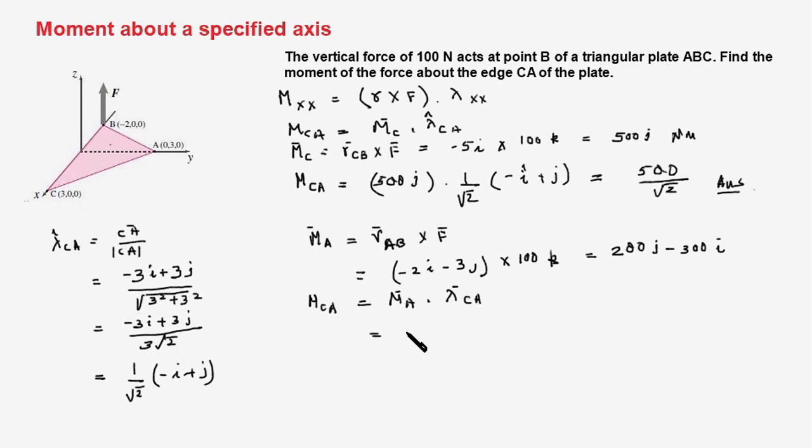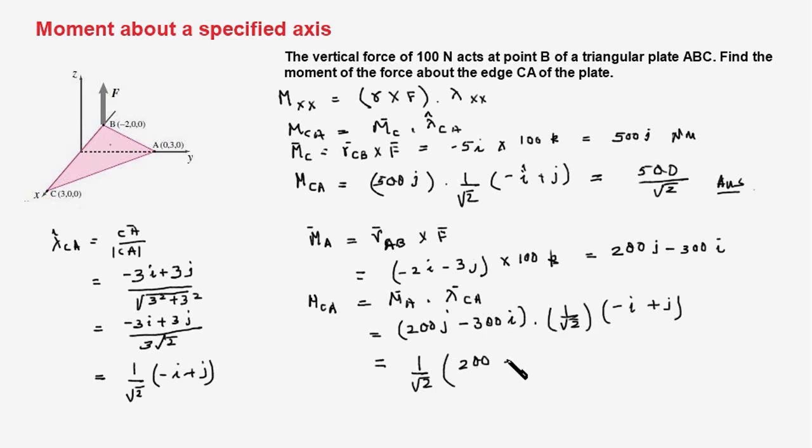So this in turn would be equal to 200 J minus 300 I dotted with 1 upon root 2 times minus I plus J, and this in turn would be equal to 200 times 1 being 200, and minus 300 times minus 1 would be plus 300.